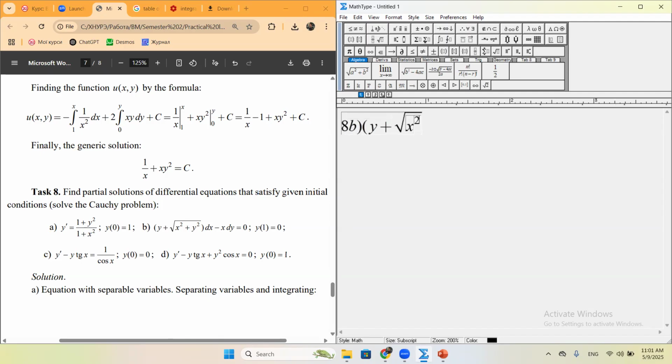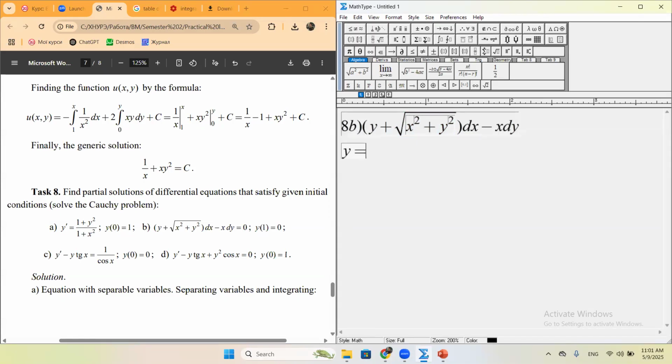So x squared plus y squared, dx minus x dy. Well, it is a homogeneous equation. As we can see here, this expression has power of 1 because of the square root.